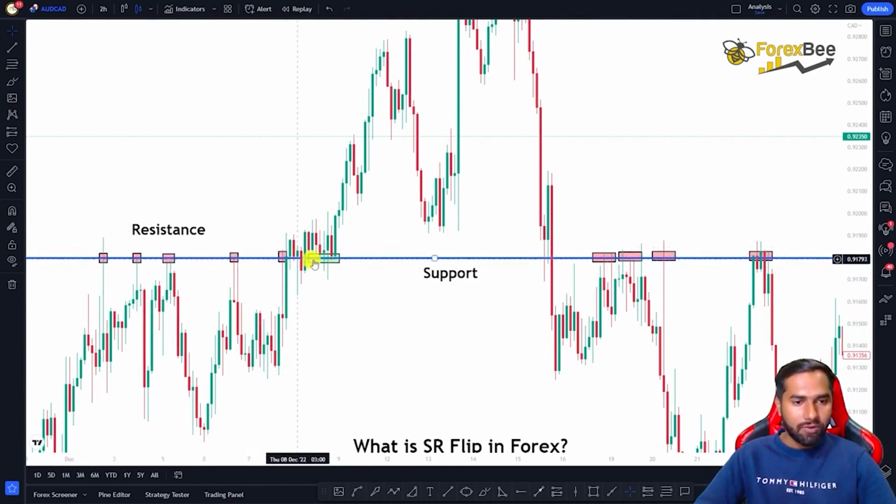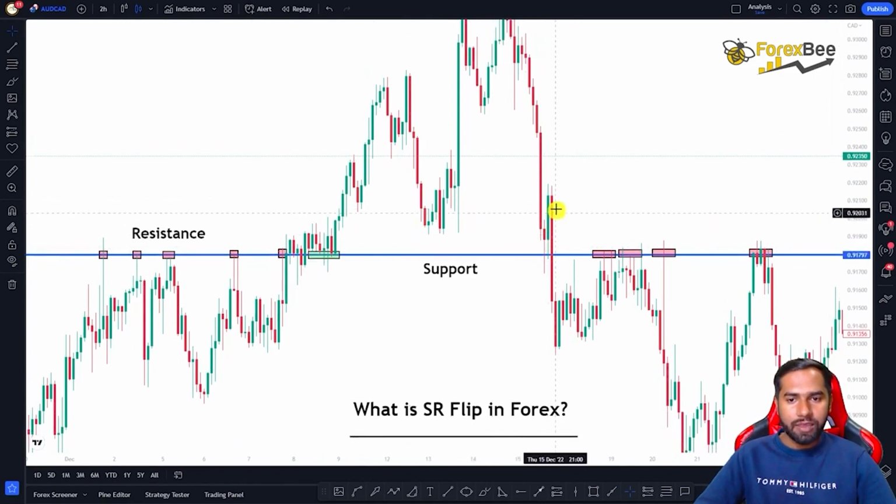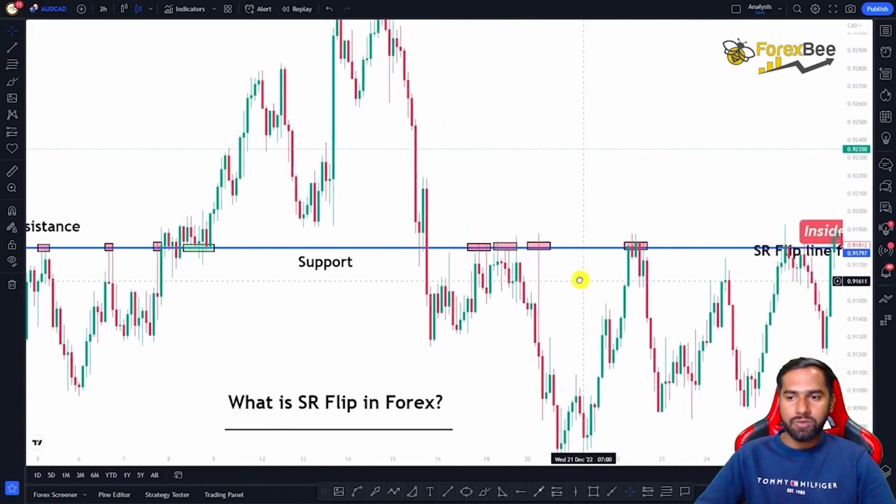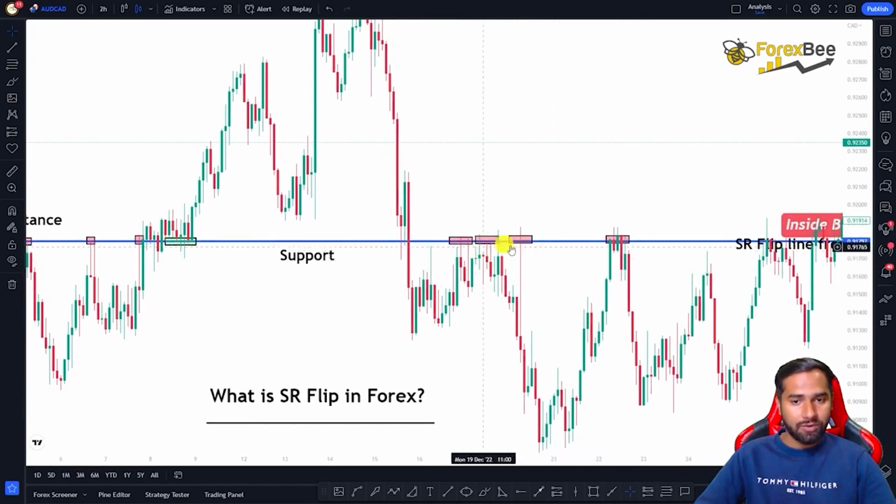As you can see here, from this level the market is getting rejected multiple times, and after that, with this bullish candle, this level breaks and this resistance turns into support. Now again, there is a lot of formation of these wicks at this level, so this level is now acting as a support, and after some time, with this big bearish candle, this support level turns into a resistance level again, and then here you can see again the formation of these big wicks or big shadows.